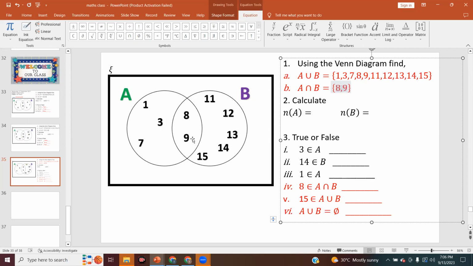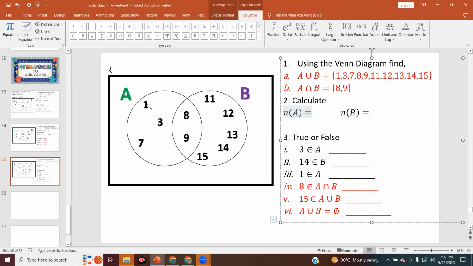Okay, Kirkland, which one for the number of elements in A? For number 2, the number of elements in A. 5. Is he correct? It's 5 for that one. Yes, sir.